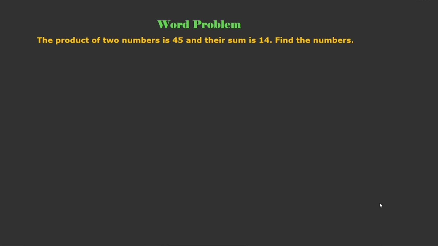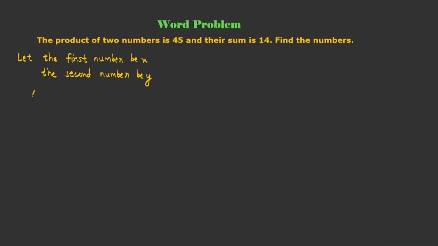So here the example is: the product of two numbers is 45 and the sum is 14, find the numbers. So here you will have to think of two such numbers whose product is 45 and whose sum is 14. So what we will write here, we will start the solution with: let the first number be x and the second number be y.